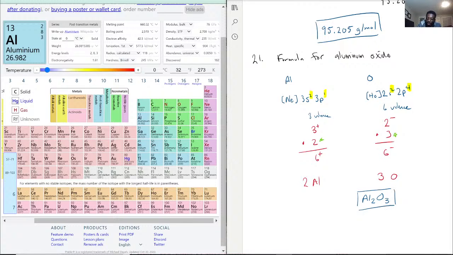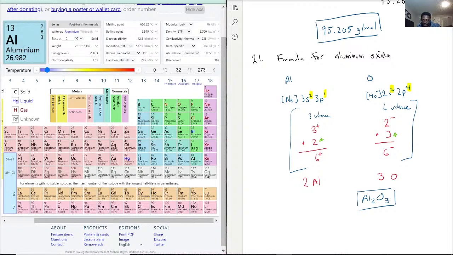That is the formula for aluminum oxide. You could also do this by just seeing what column it's in. Aluminum was in the 13th column, meaning 3 valence, and the 16th column meaning 6 valence, but you still end up with this part right here. That part would pretty much stay the same. I just want to do electron configuration because it's good practice for you to really familiarize yourself with it.